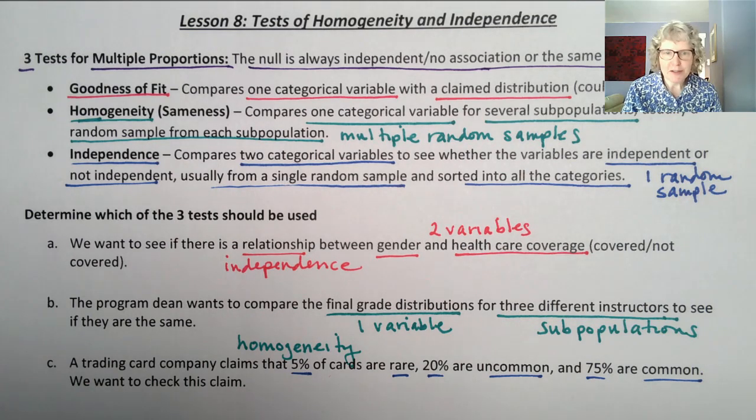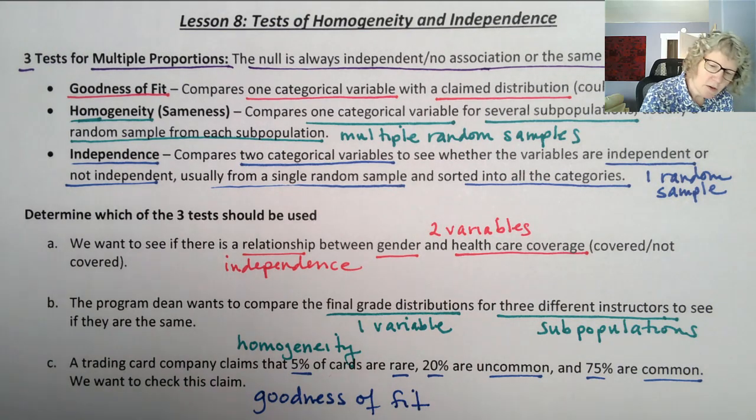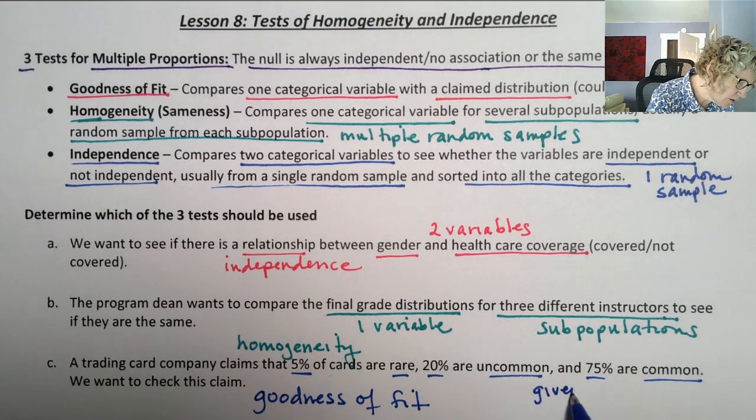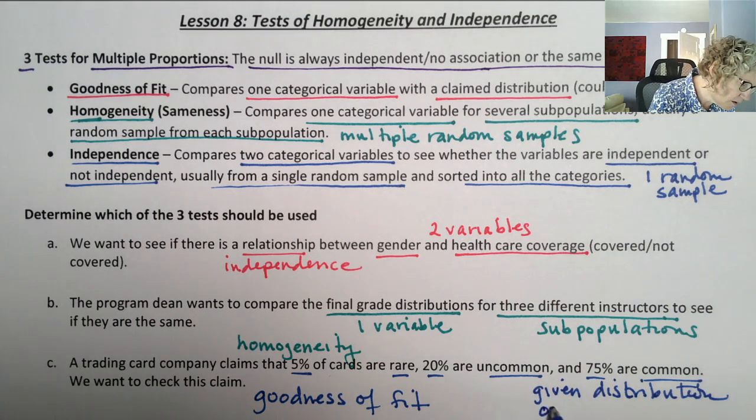Okay, so if you said goodness of fit, you are correct. So let's write, we have a given distribution for this one. And another thing we could say is that there's a single variable or one variable.